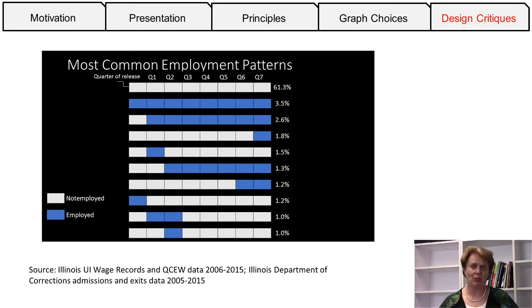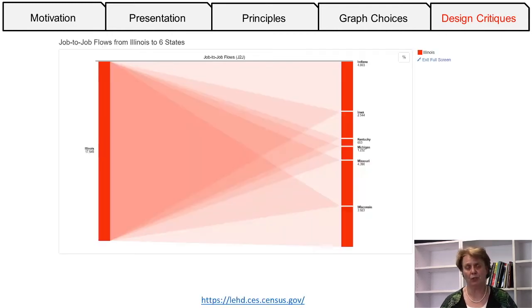The second picture that I'm going to show is also trying to show dynamics, but it uses something called a Sankey picture or flow picture. This is just a screenshot from the LEHD program at the Census Bureau, and it answers the question, for a group of people in Illinois in a given quarter, what are their job-to-job flows? How many of them move to the contiguous states?